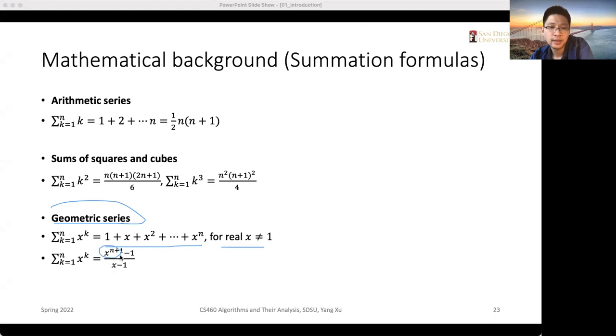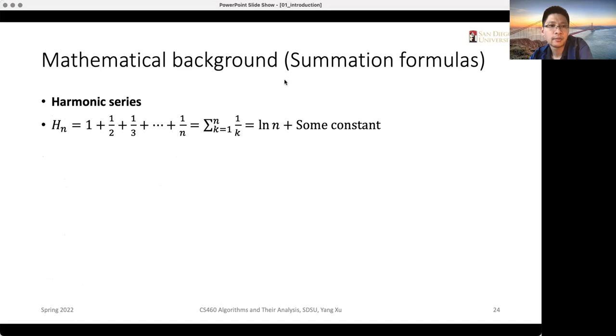If x is between 0 and 1, lower than 1, then this will have a limit approaching 0, right? When x is smaller than 1, then the solution for this geometric series will be a constant like this. All right.